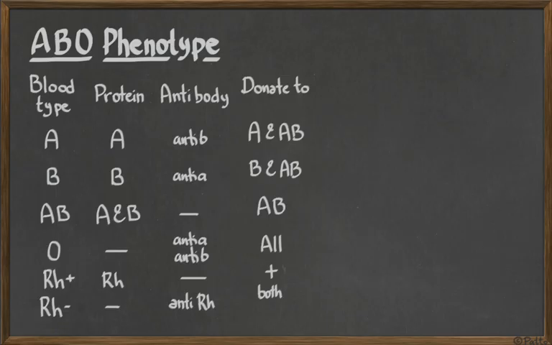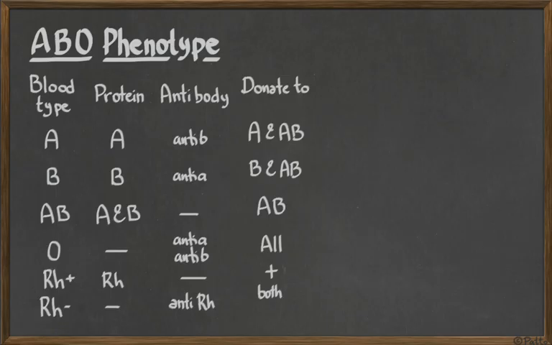Okay. In terms of Rh, a different gene, what will happen is that the positive can only donate to positives, because if the positive donates to the negative, they will have anti-Rh and it is going to be fighting it, and something horrible happens. So the positive will donate to positive. And negatives can donate to anybody, because the negative doesn't have anti-Rh, so they can donate to positive or negative.